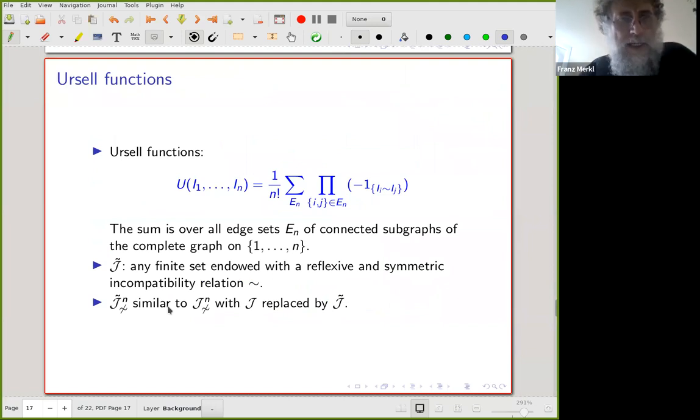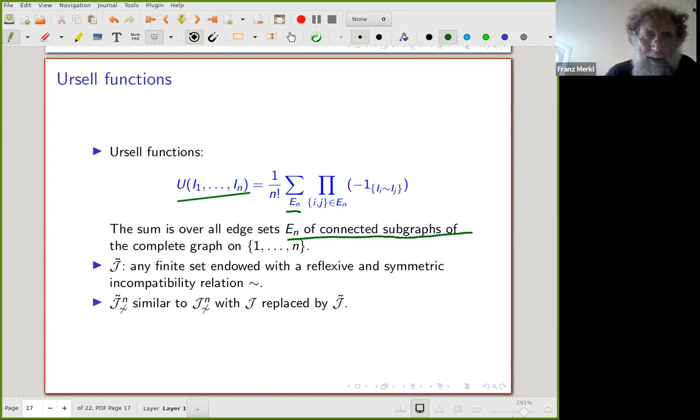Okay, now in order to take the logarithm of the partition sum, it's convenient to use the Ursell functions. Here is how they are defined. The Ursell function at arguments i_1 to i_n is the sum, 1 over n factorial, the sum over all connected subgraphs of the complete graph on 1 to n.